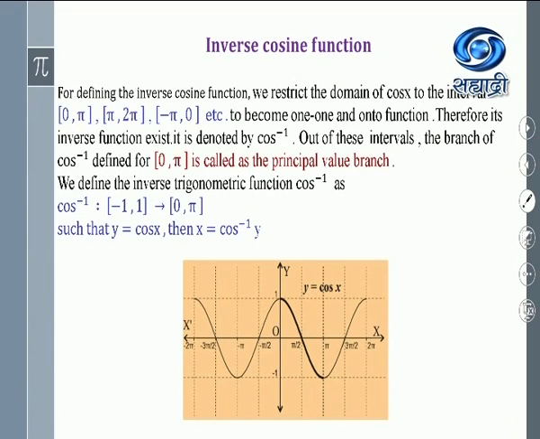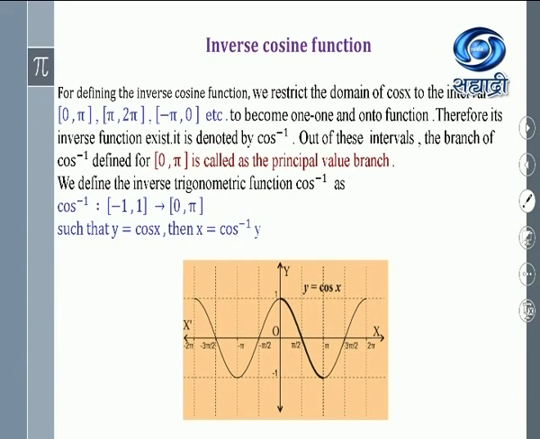See, whenever I am explaining the inverse functions, it is your job to remember the domain and the range. You have to fix in mind that the domain for cos inverse is the closed interval -1 to 1 and the range is the closed interval 0 to pi. What about sine inverse?